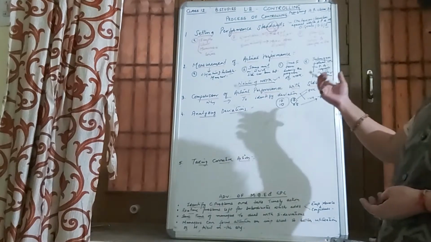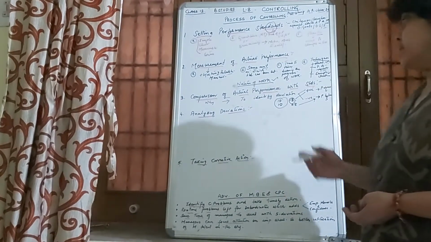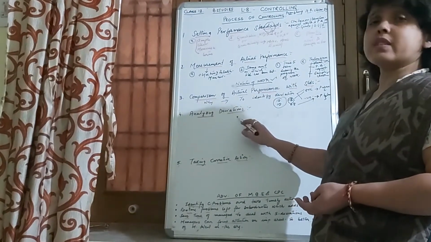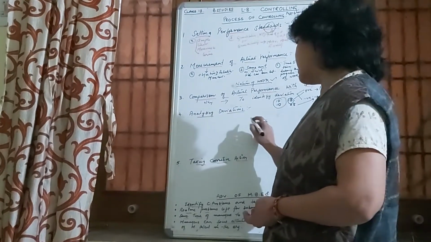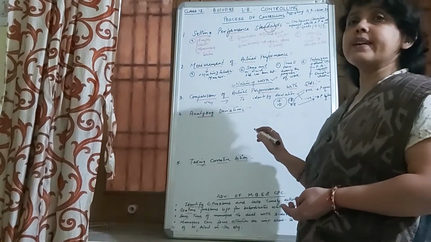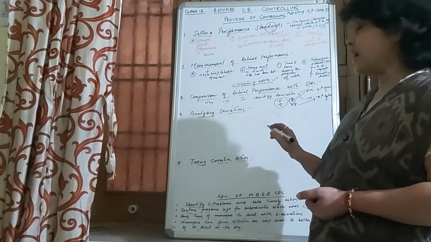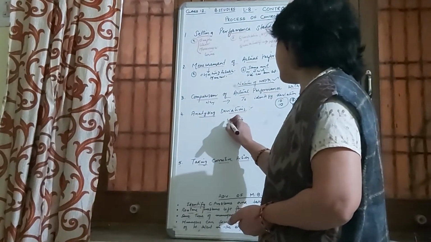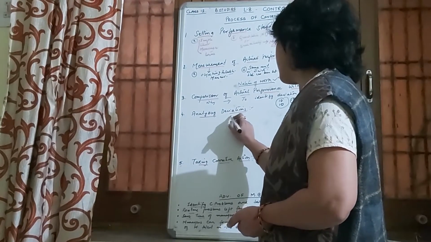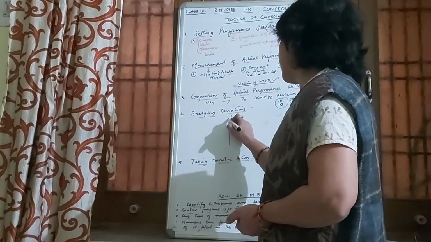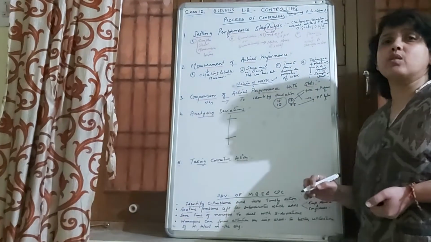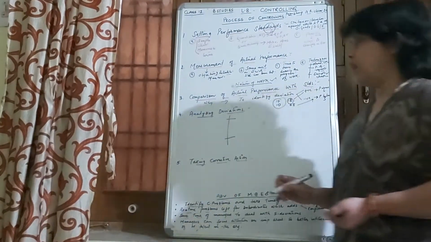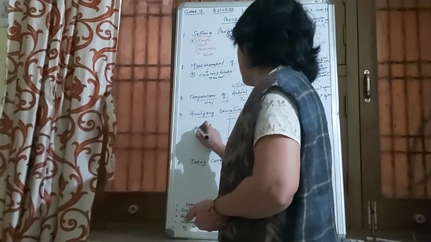than the set standard. After comparison, the fourth step is analyzing deviations. After identifying deviation, there is a need to analyze deviations. The analysis of deviation is taken by keeping in mind two things.